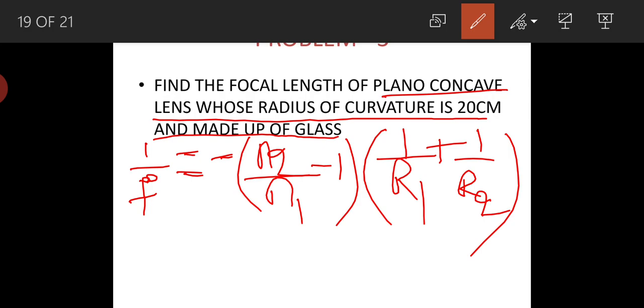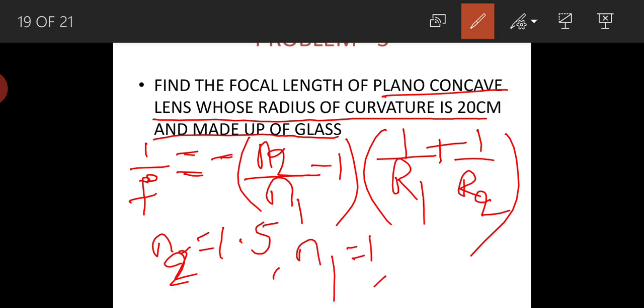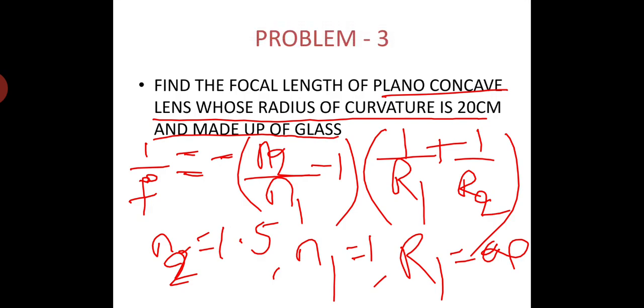So here the second medium is glass, that is n2 is equal to 1.5 and n1 is equal to 1. Since it is a plano lens, r1 is equal to infinity. The radius of the first surface is infinite, and the radius of the second surface r2 is given as 20 centimeters.